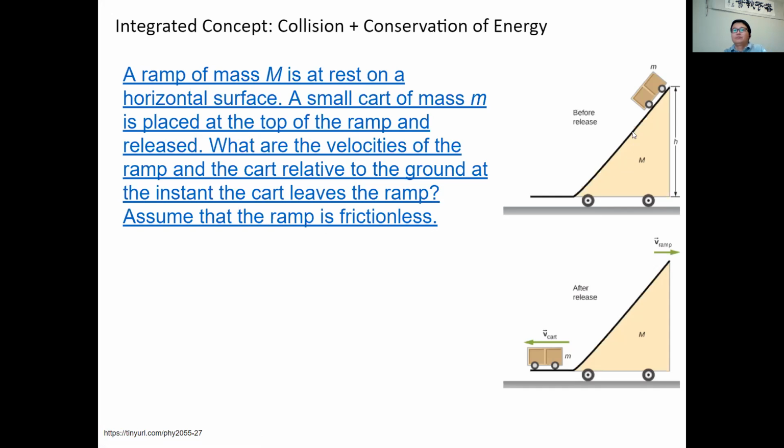If you see wheels rolling down, and it says it's not slipping or skidding, then the friction should be static friction.